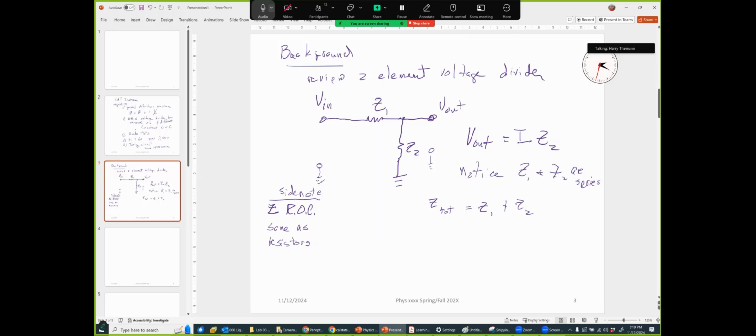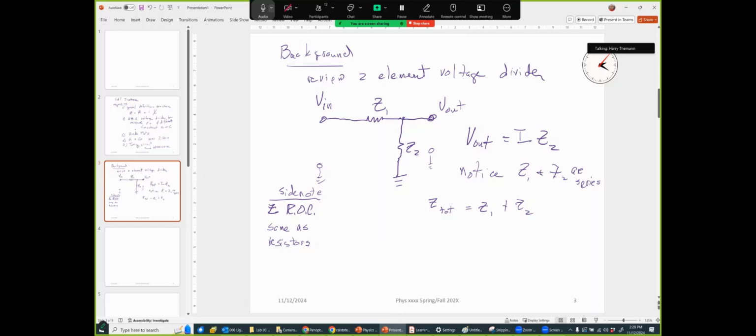And we're going to learn that this is true even if Z2 is a capacitor. Remember, we've learned a rule of combination for capacitors that's the opposite of resistors. But engineers don't like that, so they made up this definition. So no matter what the circuit elements are, you can use these same rules of combination.